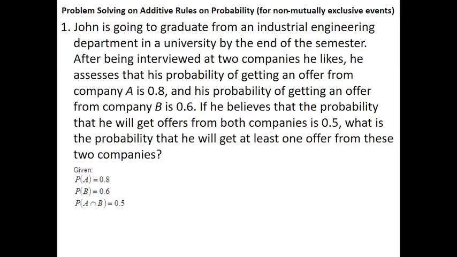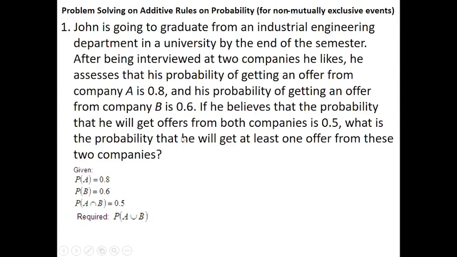So let's analyze. So this is the requirement. What is the probability that he will get at least one offer from these two companies? So sabihin niya, probability A union B. So ito yung interpretation.